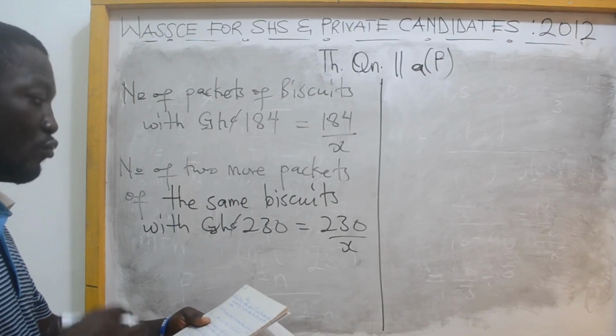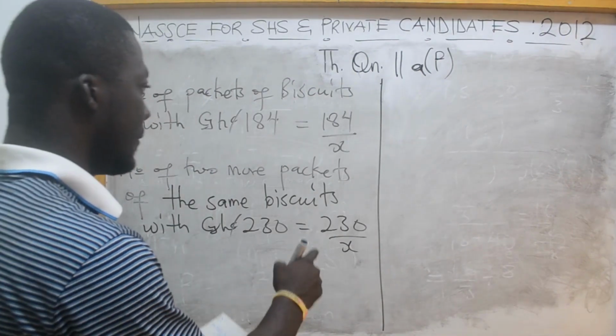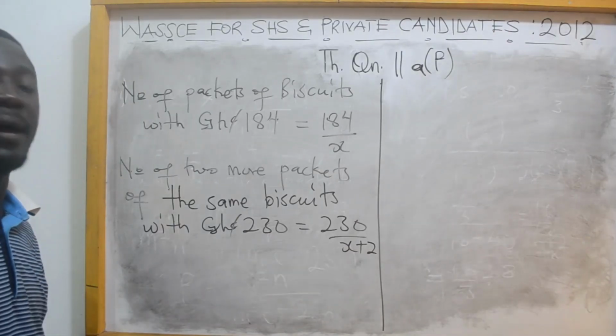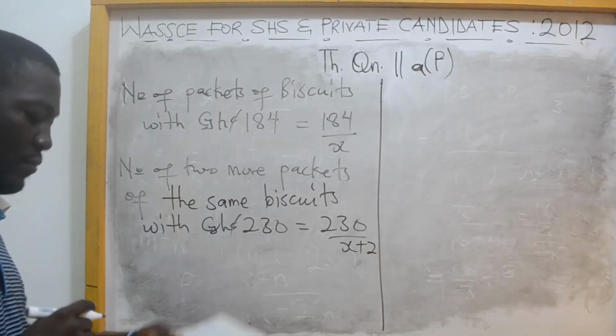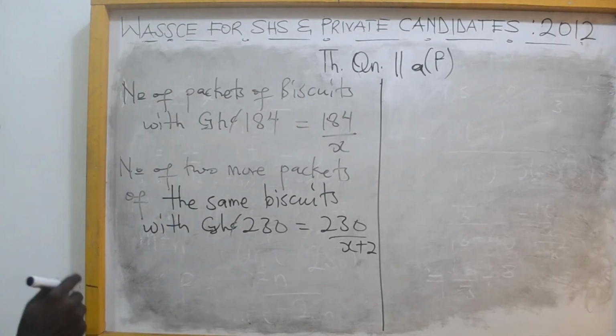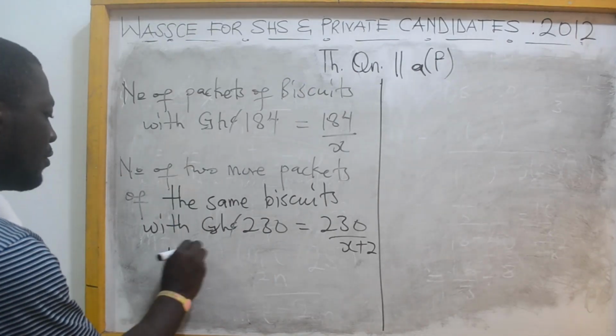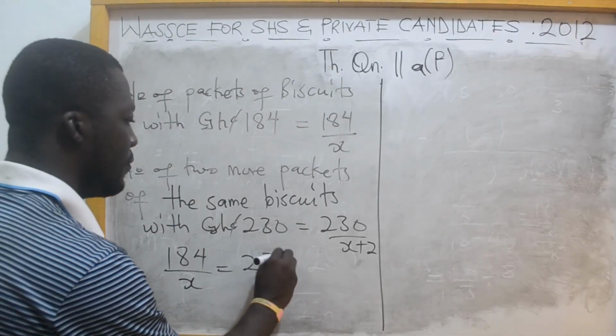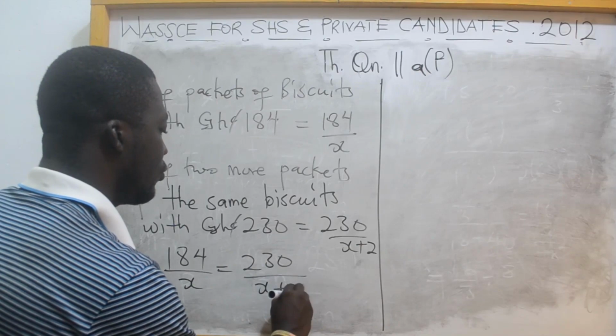If I can buy 2 more, so 2 more means plus 2, so 230 divided by x plus 2. Then we have been asked to find the value of x. What we can do is to equate the two. 184 divided by x is equal to 230 over x plus 2.